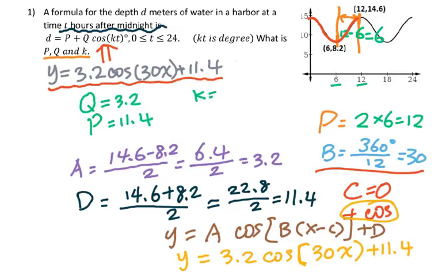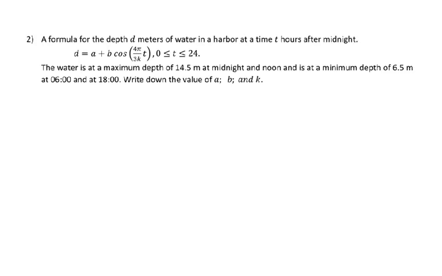K basically equals 30. See, this is 30. x is our variable, but for this question, that's T. So basically, T is counted as x, and K will be 30.